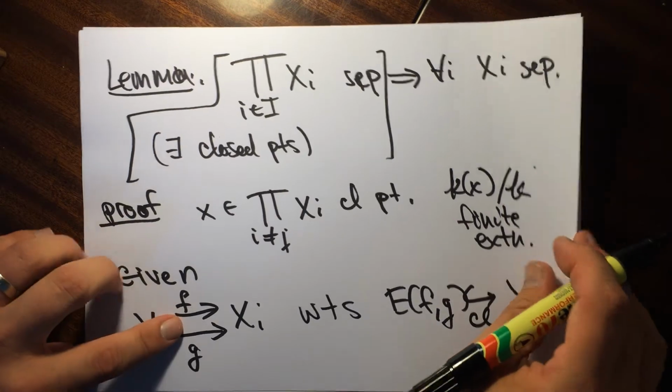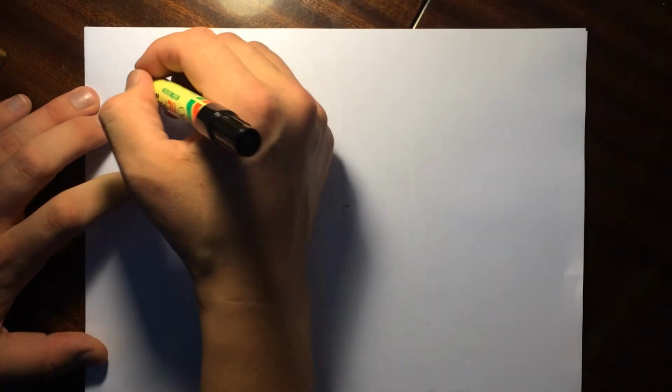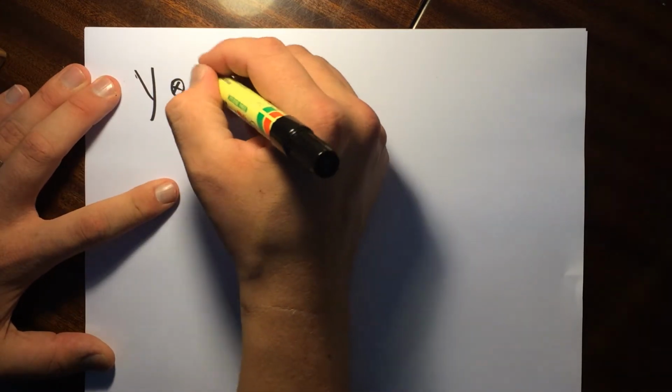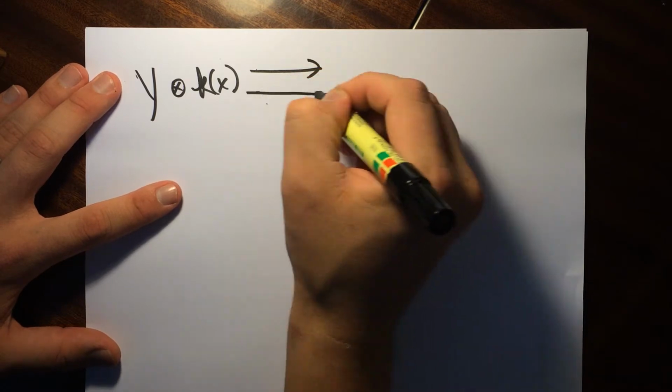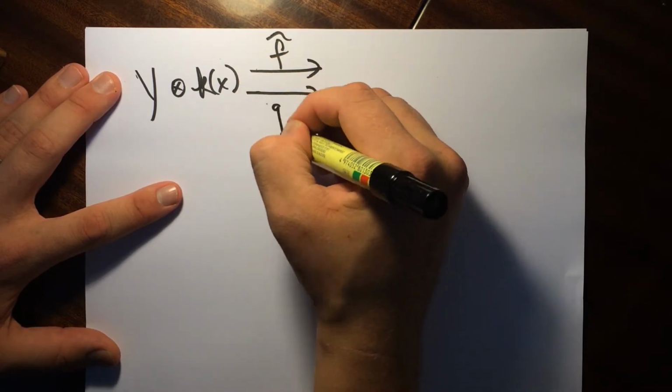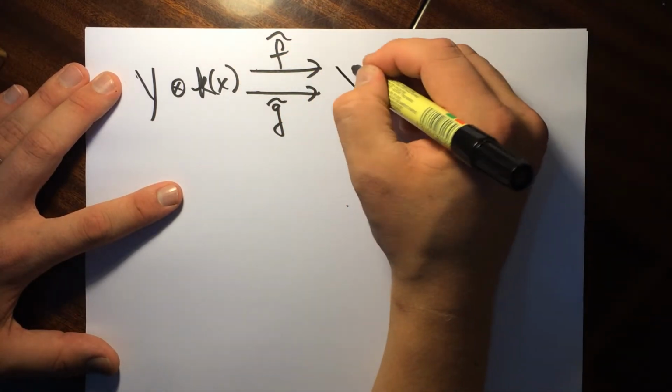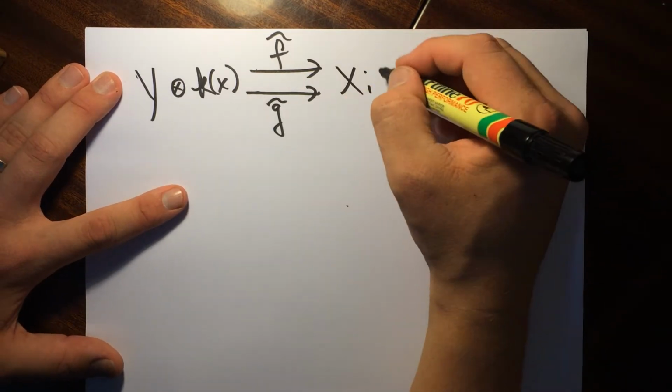Okay, so given this diagram here, I'm going to construct a new diagram by tensoring up to k. So this is a thing of k-schemes. And this is the base changed version, and this goes from xi, and now we have this product.